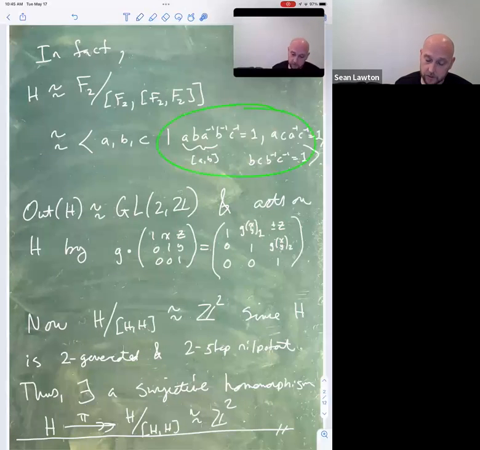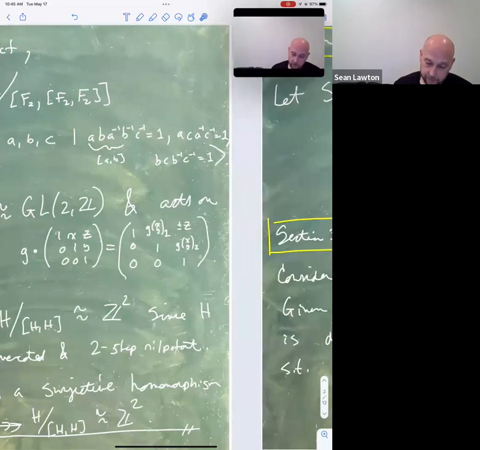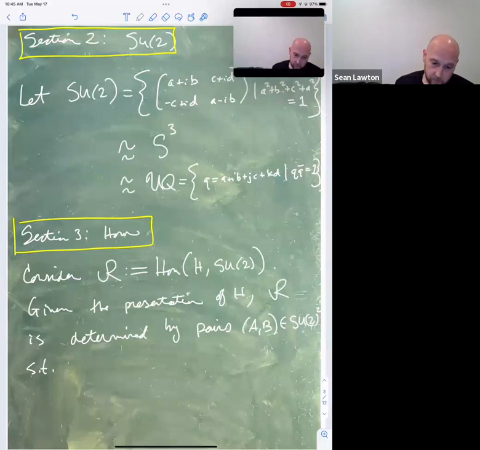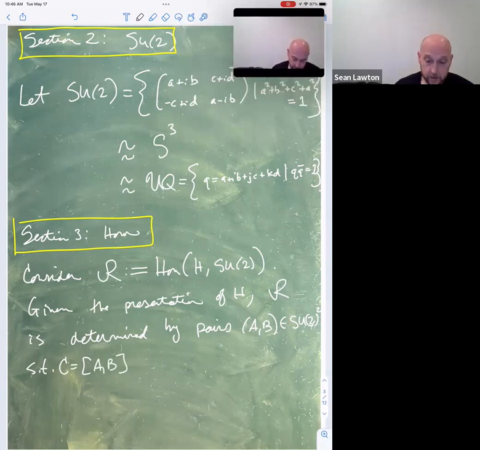I put them here. So that these relations hold. So such that if you take C, which you define to be AB, we have the condition that CA is the identity. So this is the 2x2 identity matrix. And this is also equal to BA.